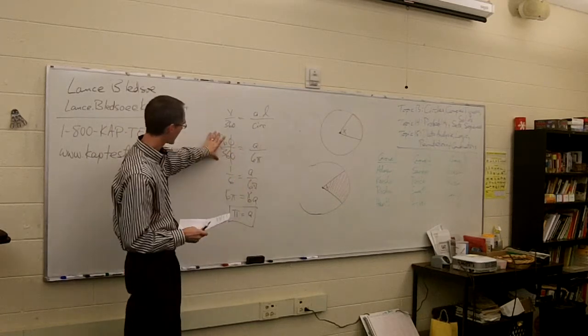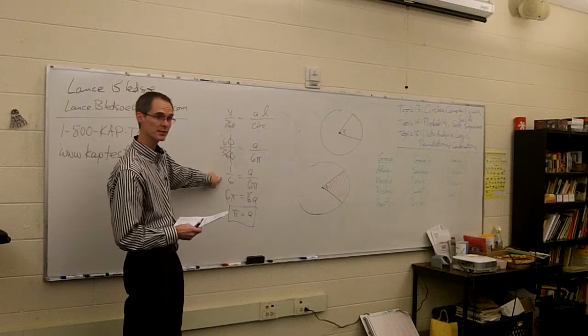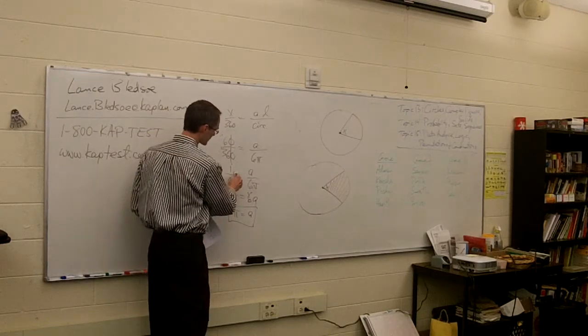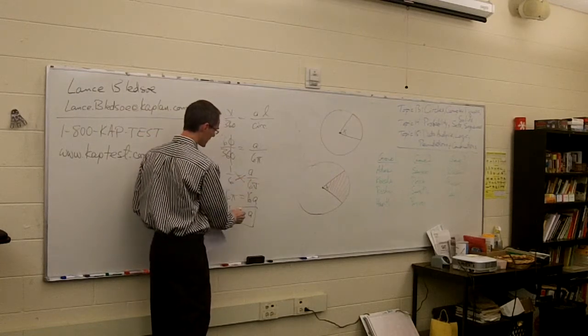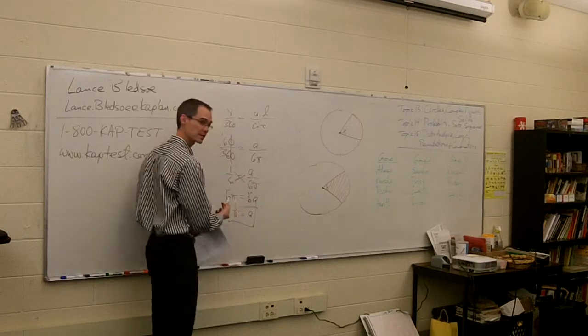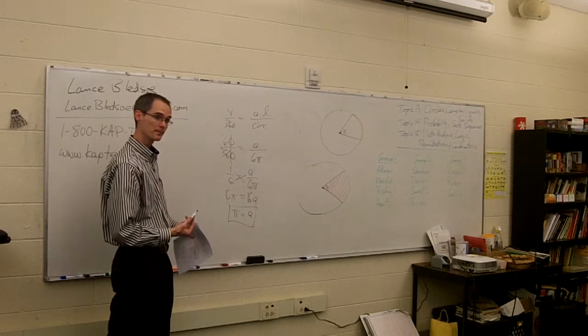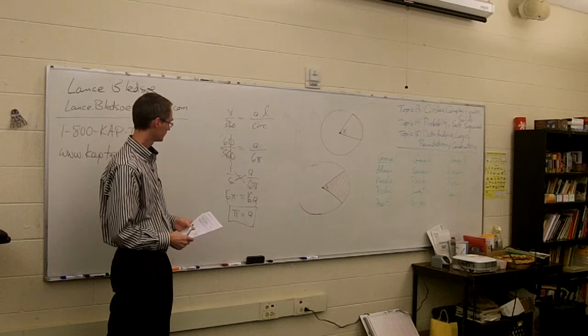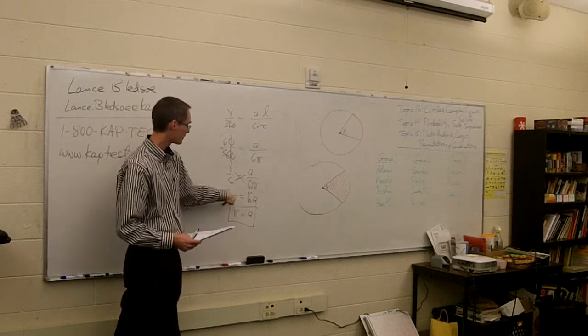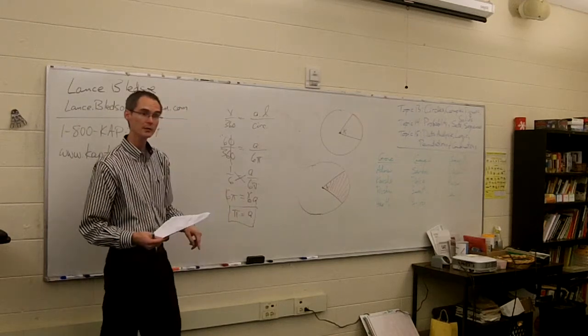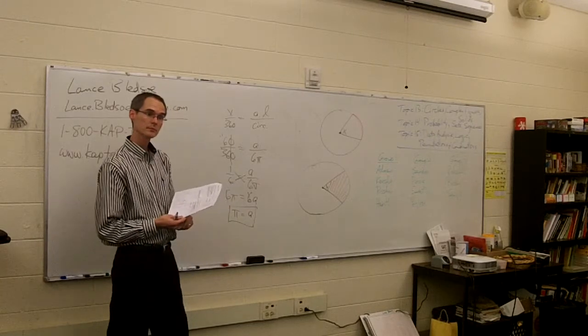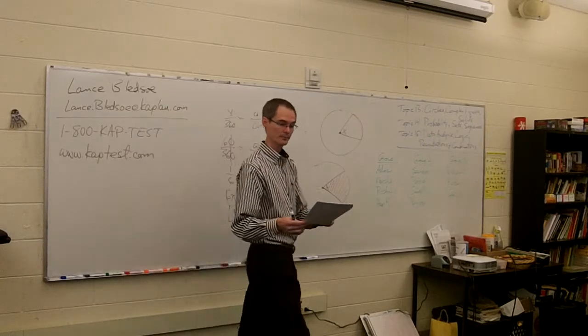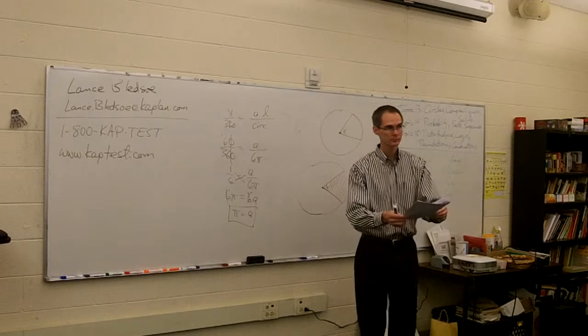Actually, first, before I did that, I reduced this 60 over 360 to 1/6. Then from here, I cross multiply. 6 times A is 6A, 1 times 6 pi is 6 pi. All right? And then from here, I just divided both sides by 6, and that gave me A. All right. Thanks. Other questions on this one?